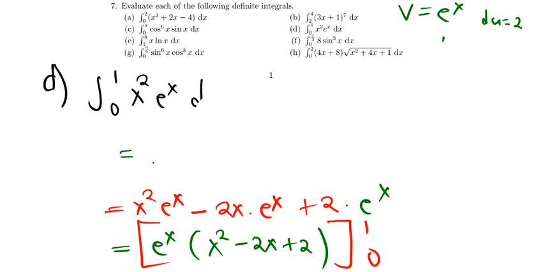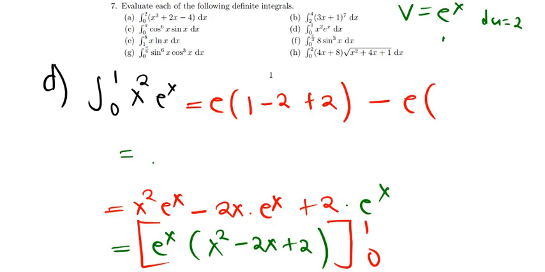So for the very first one, we'll just put in 1. If you put 1 in the entire equation, you have e to the power 1 times 1 squared minus 2 plus 2 for the first part, minus the other one, where you're substituting 0. You know what happens when you substitute zeros, right?